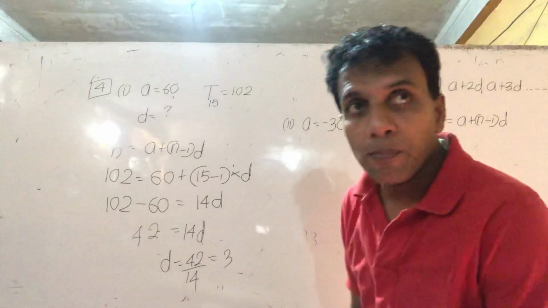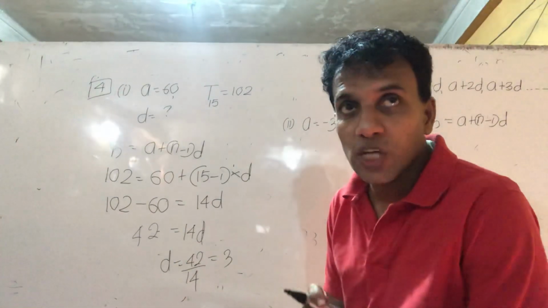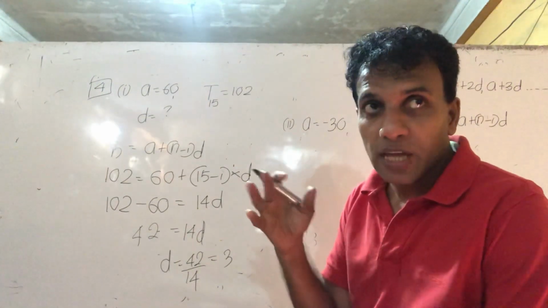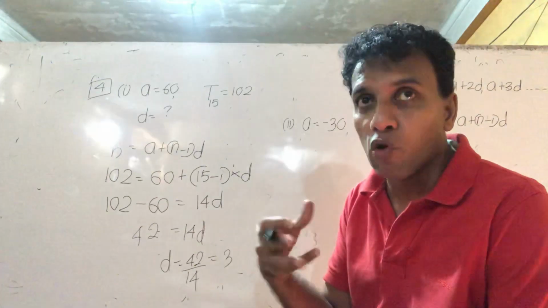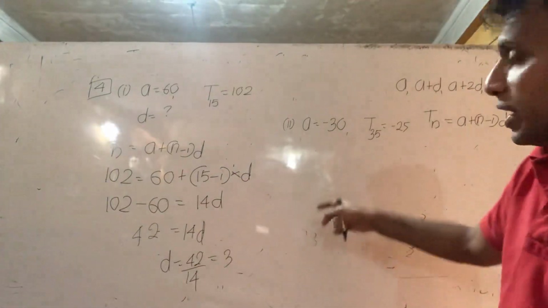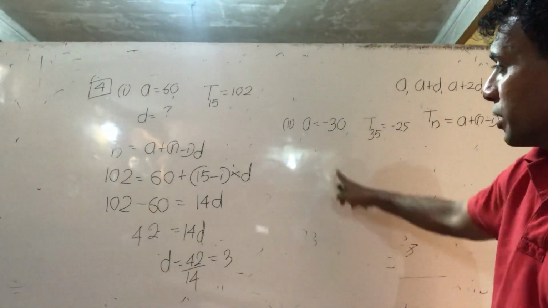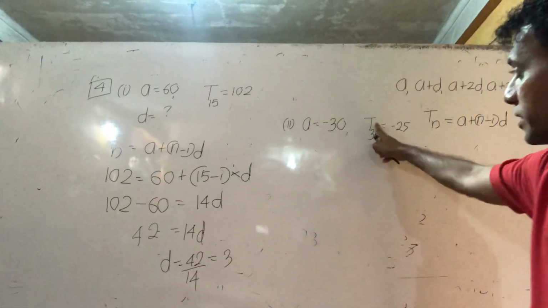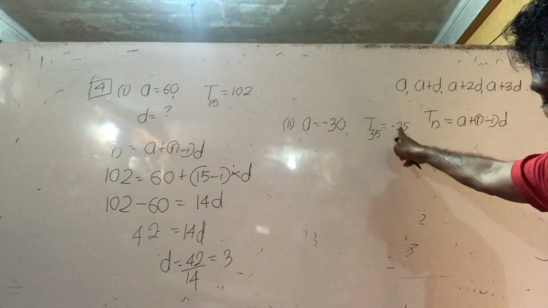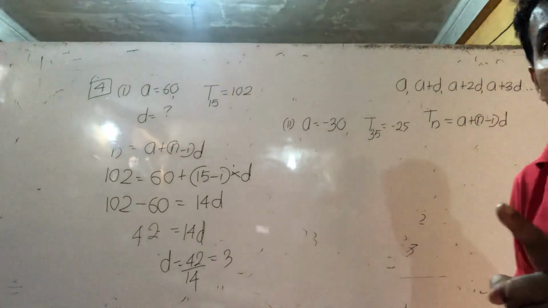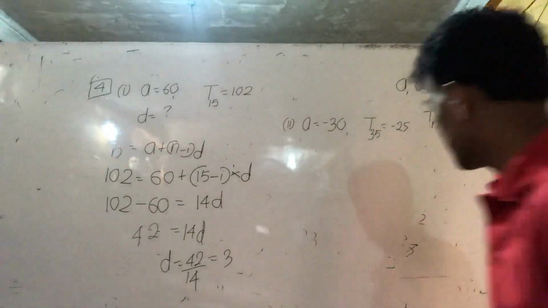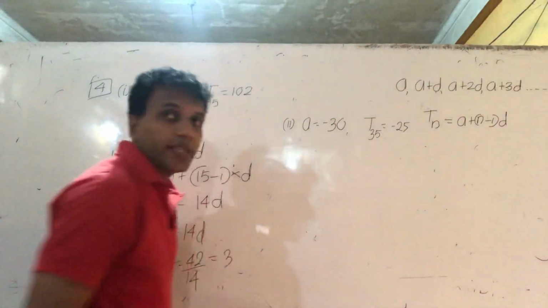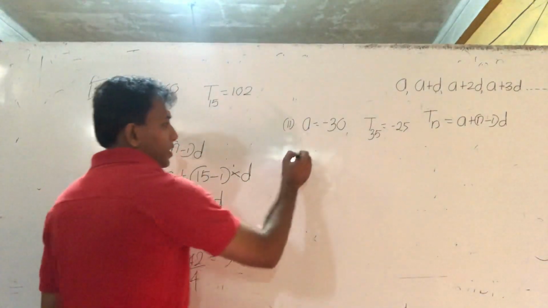This we call the symbolic form or notation pattern. But sometimes they will give this question in word form. In an arithmetic progression, first term is minus 30, 35th term is minus 25. Find the common difference. So write the nth term formula.